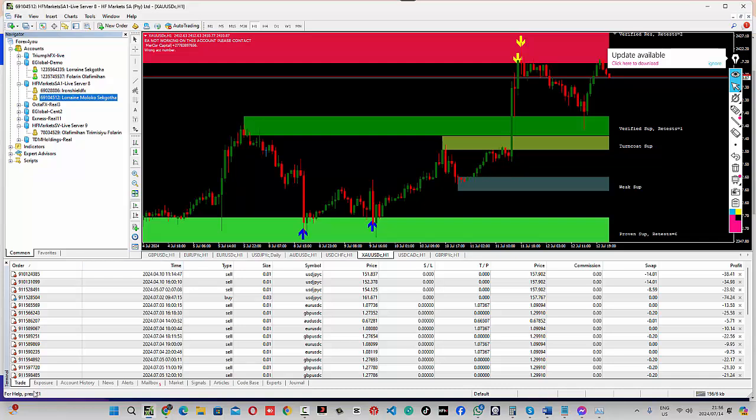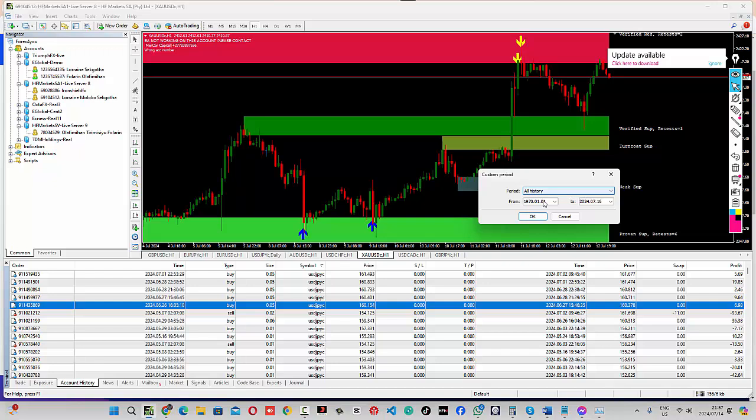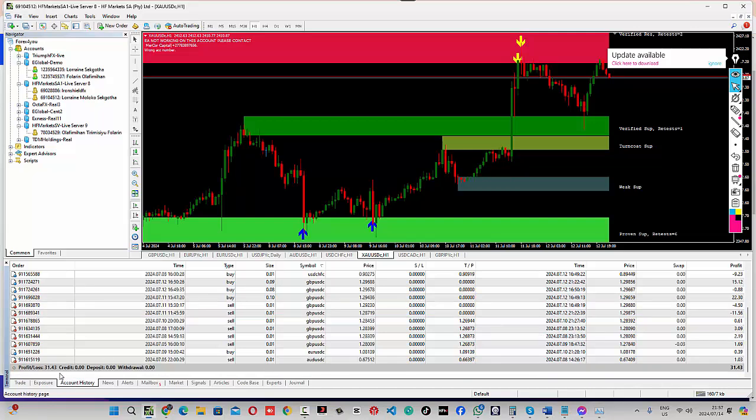So now let us see what our trading looks like in this week. Today is the 14th as I'm doing this, and we are going from Monday till today, and this is what it gave us: 31.43.